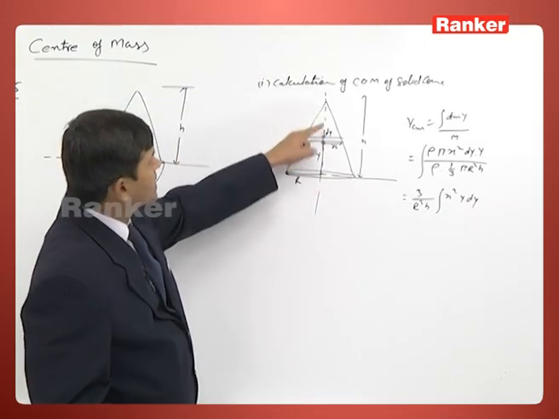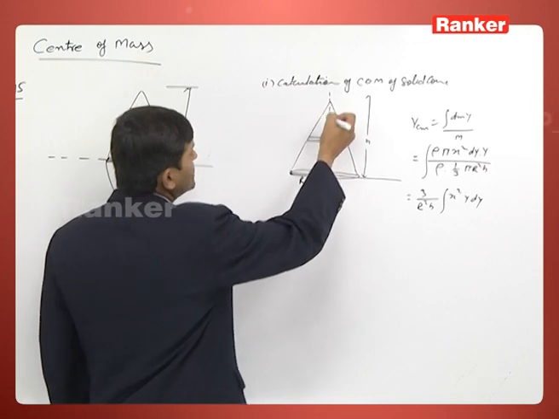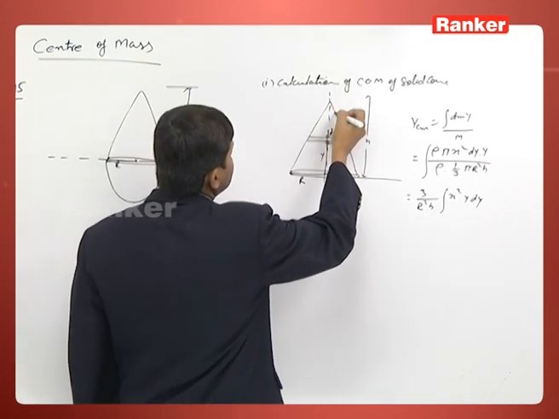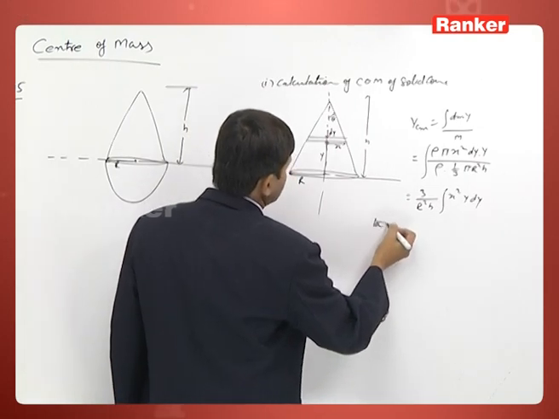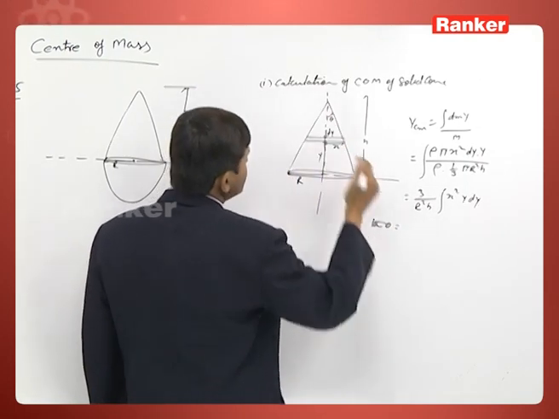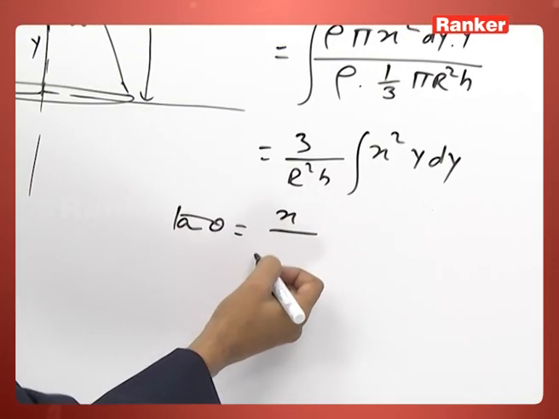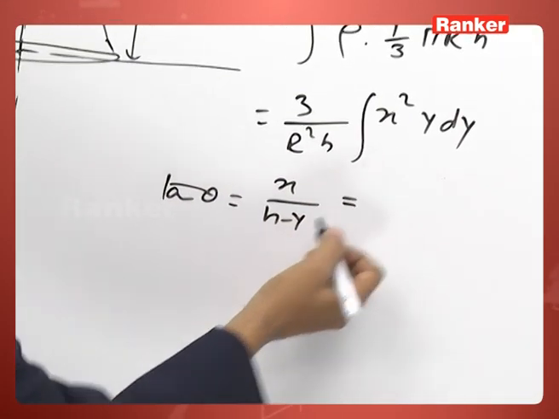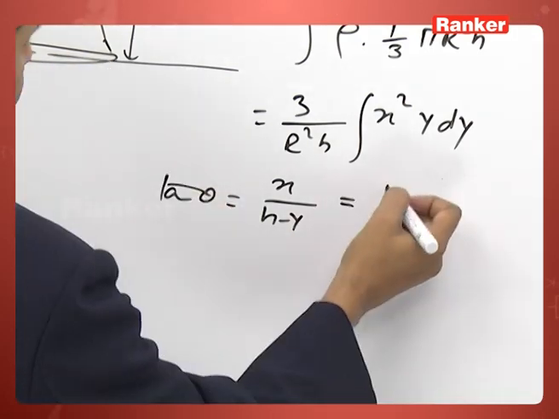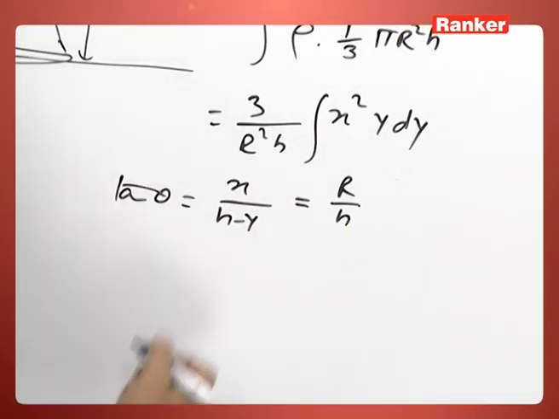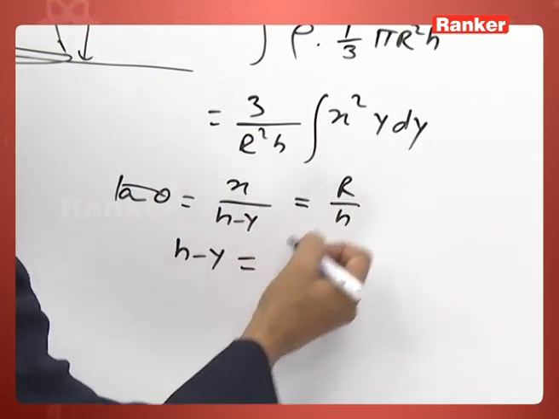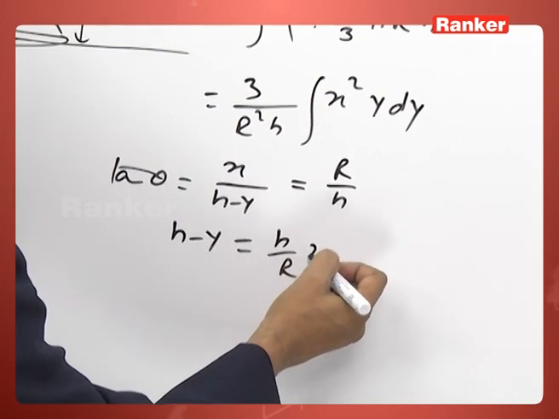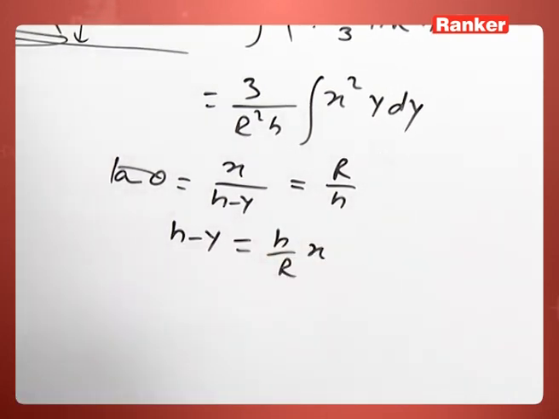Now from this triangle, let this angle be theta. So tan theta is x by h minus y as well as r by h. So h minus y is equal to h by r into x. So the value of x we can put then.